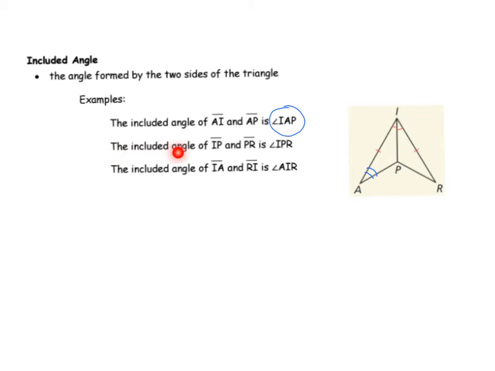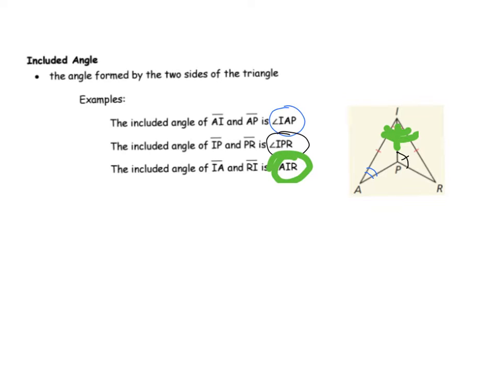The included angle of IP and PR would be angle IPR, so it would be this angle here, and I will mark it there in black. And the included angle of IA and RI is angle IAR, so that would actually be this whole angle here.